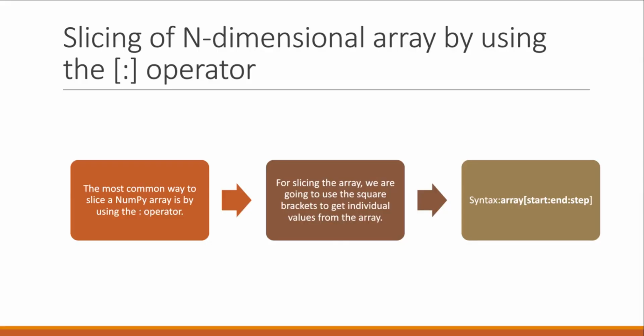This parameter specifies the number of elements that are stepped over. Remember one thing: if one of these parameters is not given, then default values are used: start equal to 0, the step value is 1, and the end value will be the size of the array.